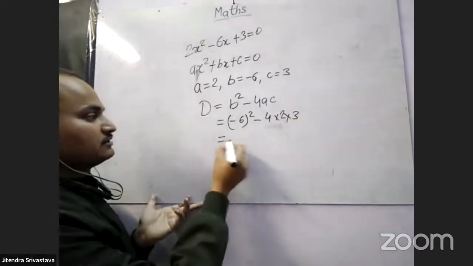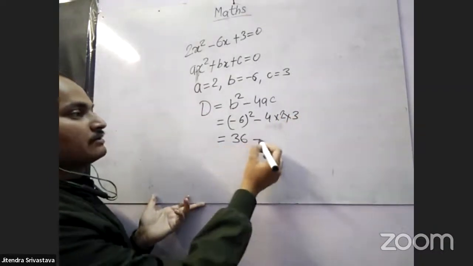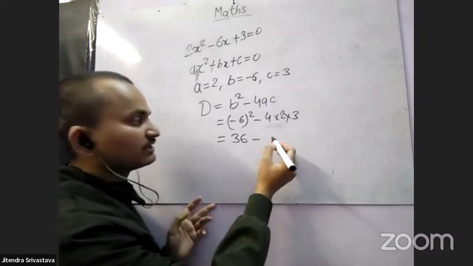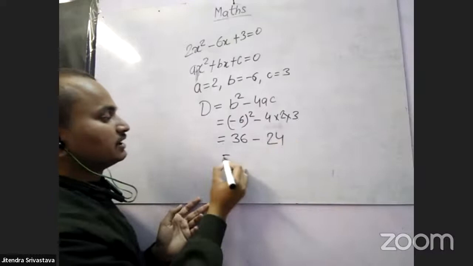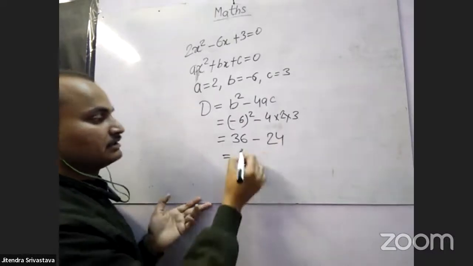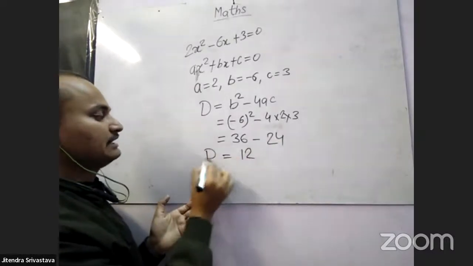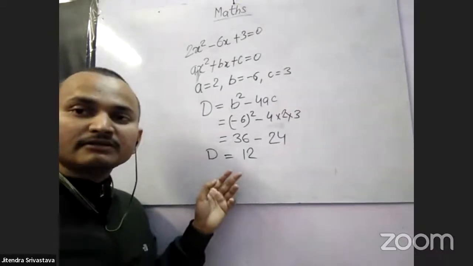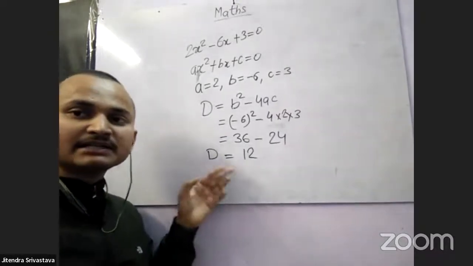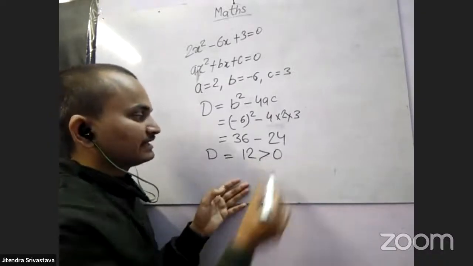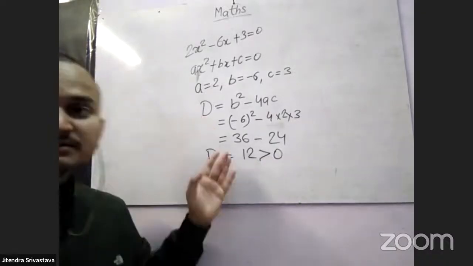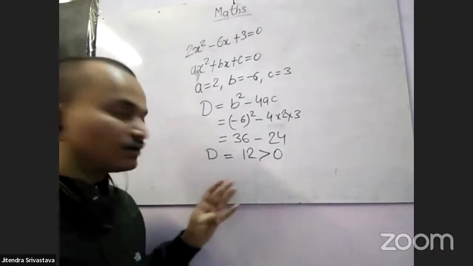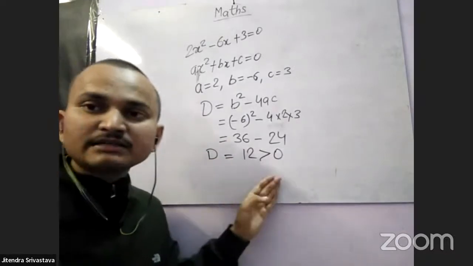So, 36 minus 4 into 2 is 8, 8 into 3 is 24. Subtracting it, we get 12. So we can see that the value of D, 12, is greater than 0. So we can say it has real roots. It has been proved that it has real roots because the value of D is greater than 0.